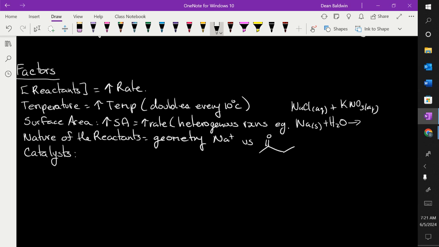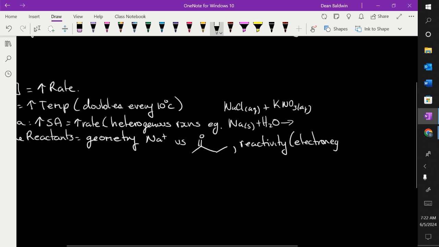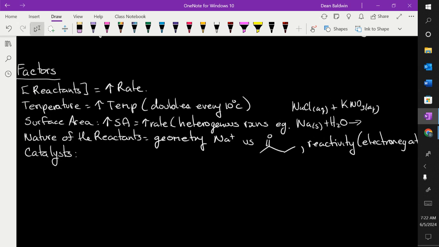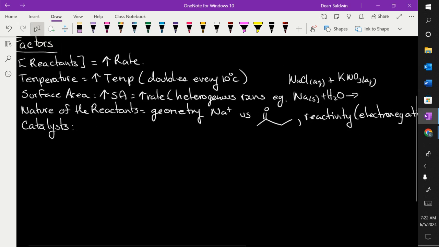That's also going to give us, or be tied to the reactivity of the molecule, which can be tied to electronegativity. Things like that. Things you don't have any control over. It's just how the molecule is. And also that ties into this nature of the reactants.